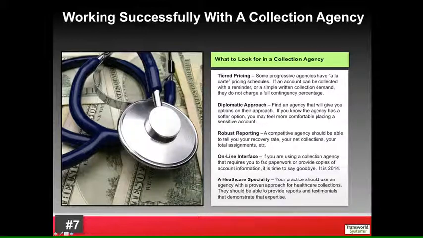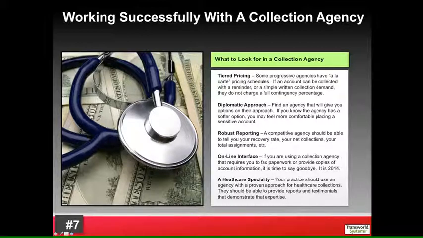If we have a diplomatic approach, we'll feel better about turning the accounts over earlier. So have your agency demonstrate to you that they have a soft or diplomatic approach. Make sure you feel good about it. And once you understand exactly what's being said, then you can be a little bit more aggressive, a little bit more progressive about when you place the accounts.